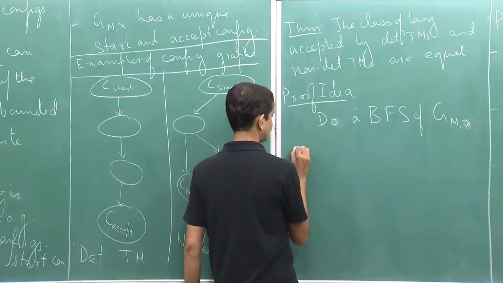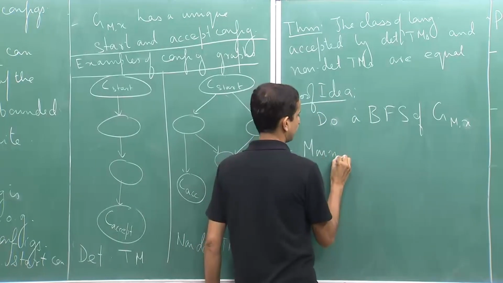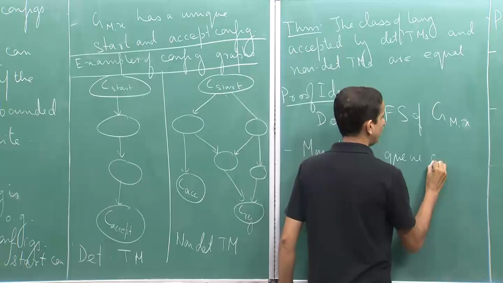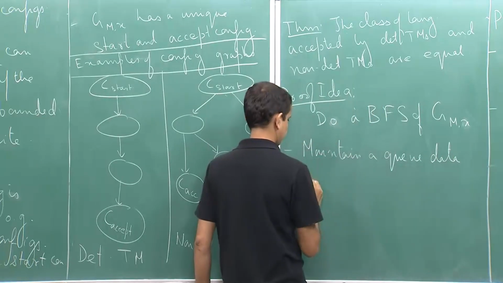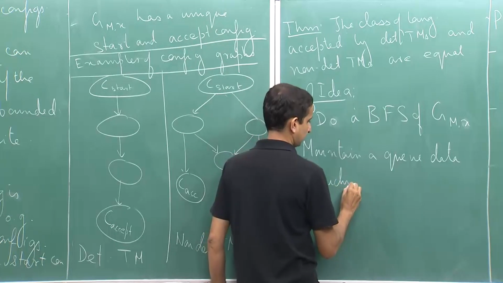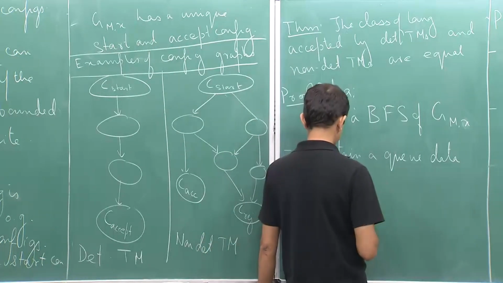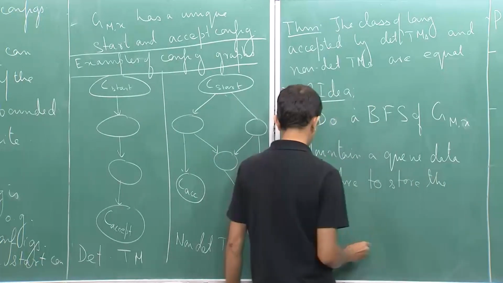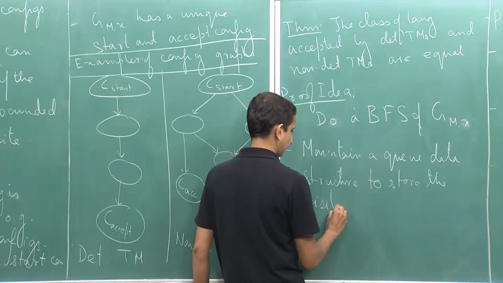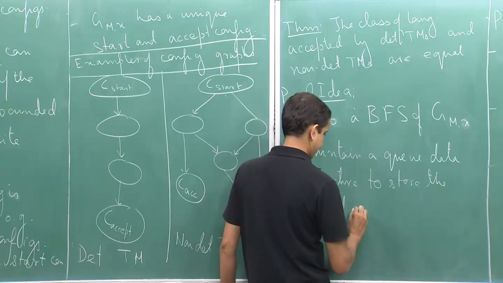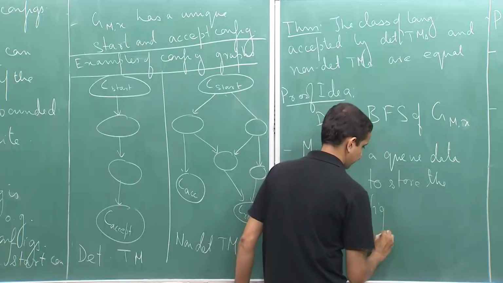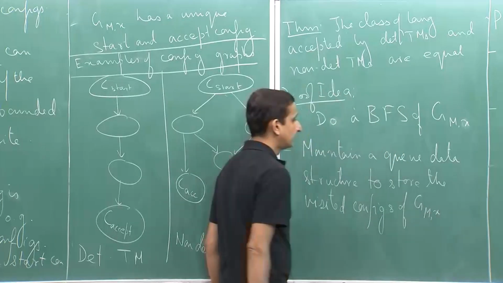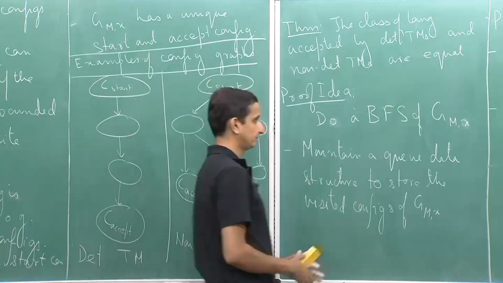So, maintain a queue data structure to store the visited configurations of G_{M,x}.